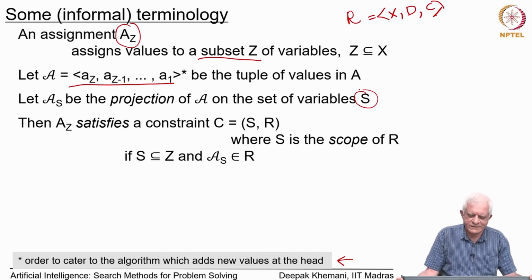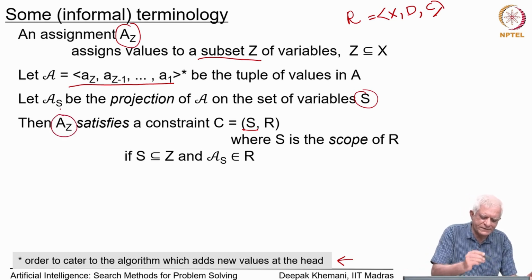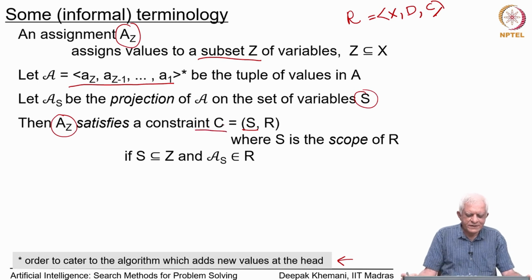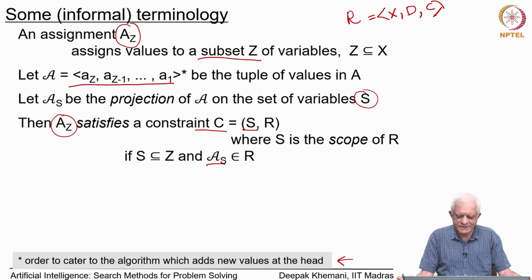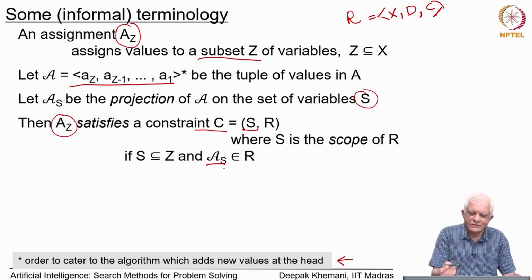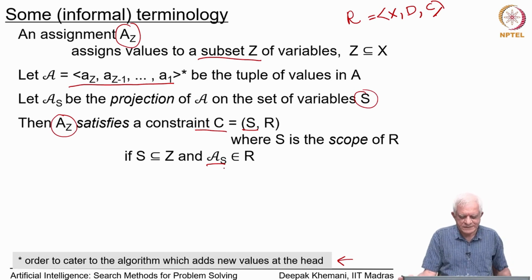The set S that we are interested in is the one where we have a constraint which has a scope S and a relation R. So, the scope tells you which variables the relation is on. We say that this assignment AZ satisfies a constraint C if we take the projection of the assignment on the variables S and it belongs to the relation R that we are talking about essentially.